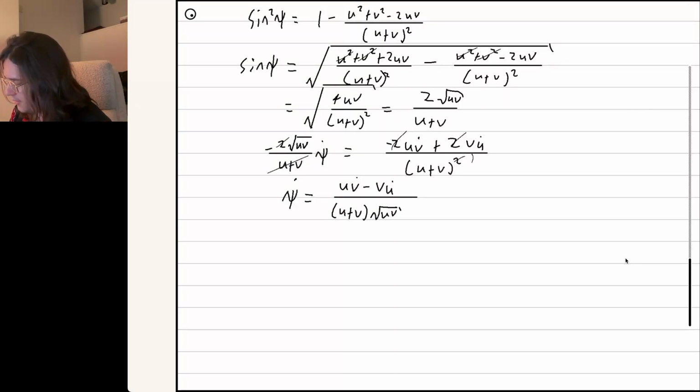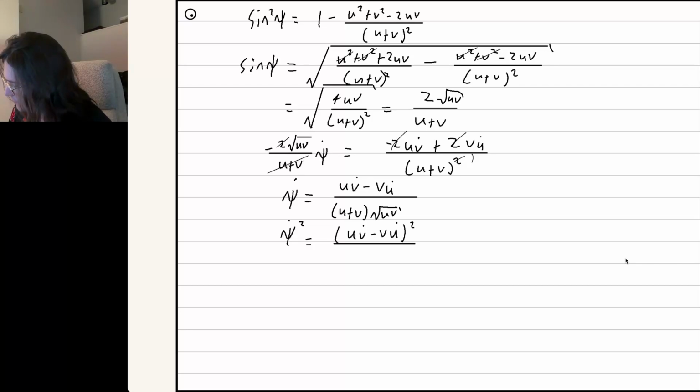So remember this psi dot term in the Lagrangian is actually squared. So I'll need to square this whole thing. We'll have u plus v squared times uv on the bottom.